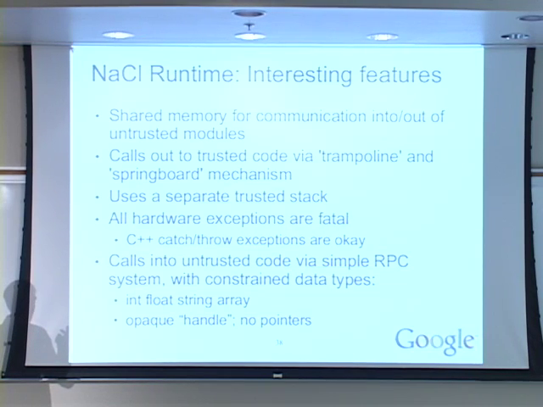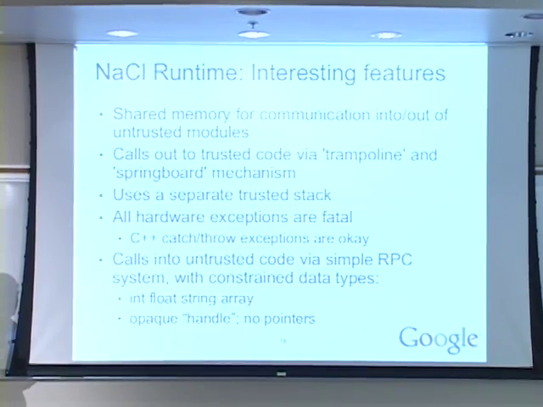But we would never want the trusted code, for example, to use the same stack as the untrusted code. And the trusted code can see all of the address state of the process, where the untrusted code can only see inside the sandbox. And so the trampoline mechanism is a thing that implements this transition from untrusted to trusted code. And it looks a lot like a system call in a lot of ways.